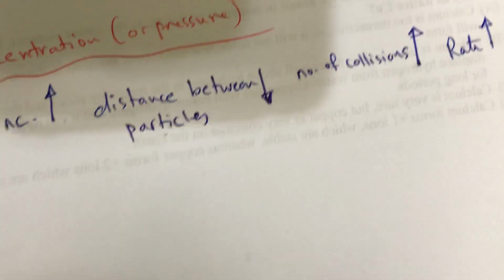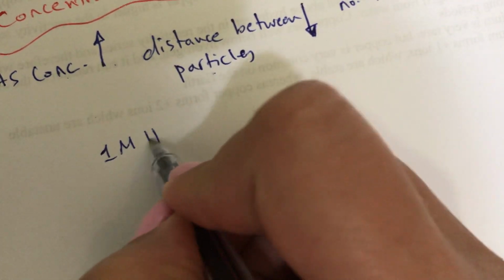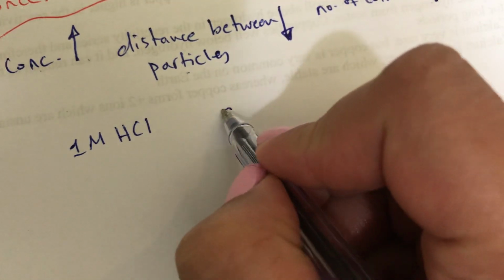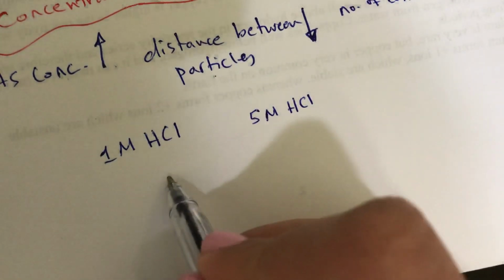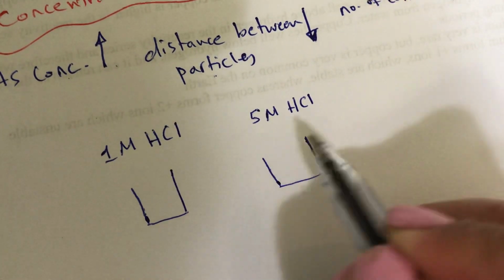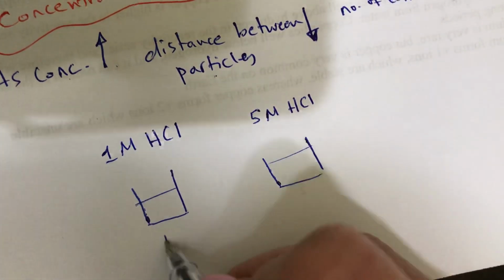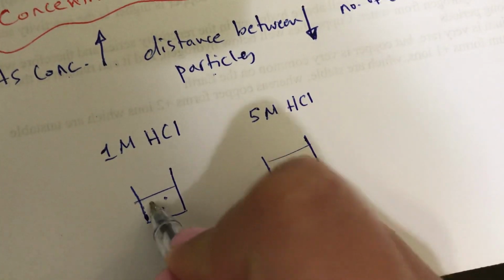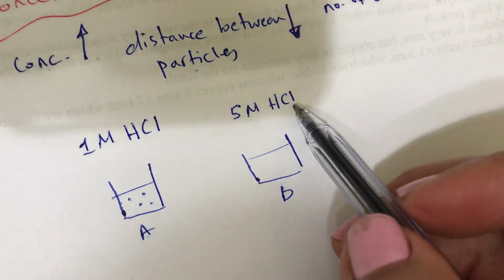For example, if you have 1 molar of hydrochloric acid or 5 molar of hydrochloric acid. So here amount of hydrochloric acid in case A, which has the lower concentration, for example like this, but in 5 molar the amount of hydrochloric acid increases.